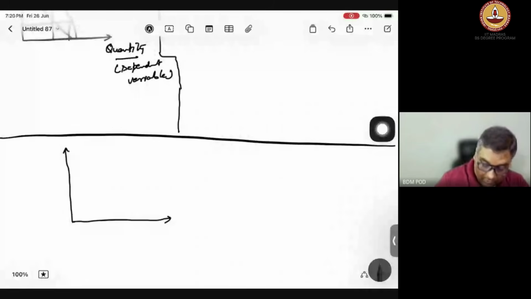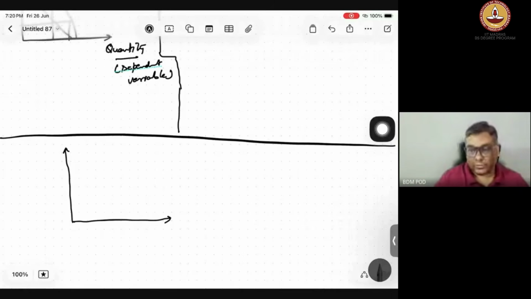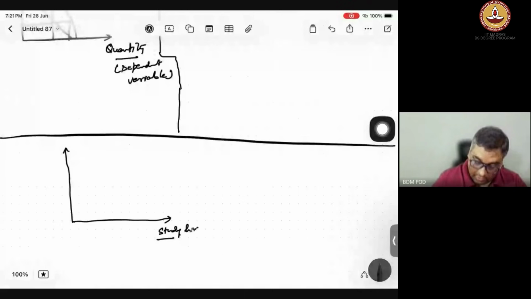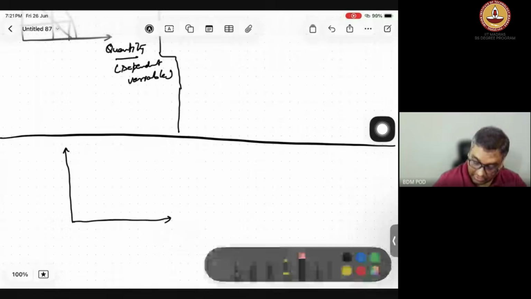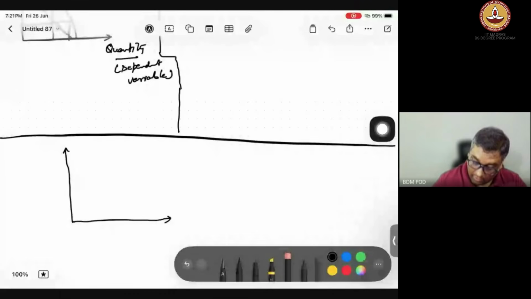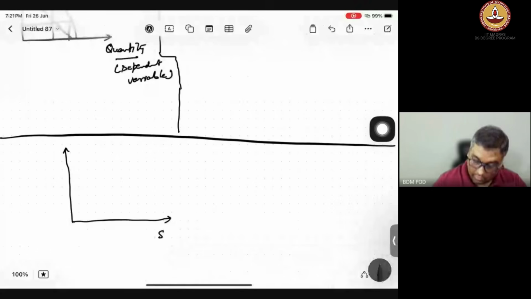This is an example where a student's grades are evaluated based on study hours. Suppose this is study time, and this is your grade points.